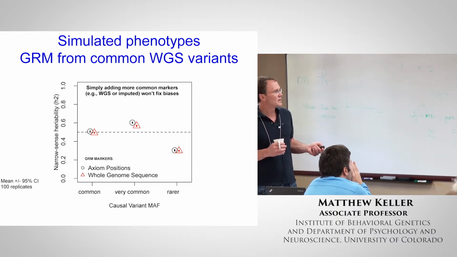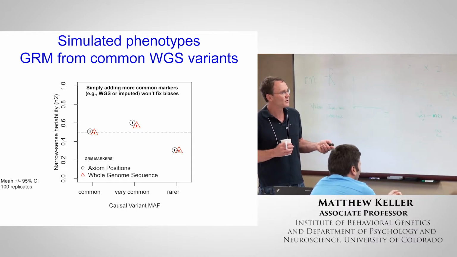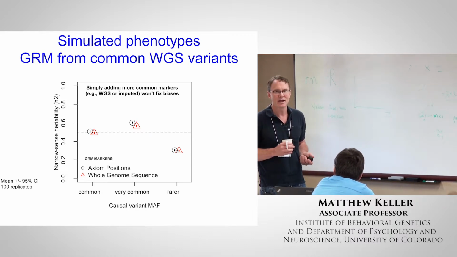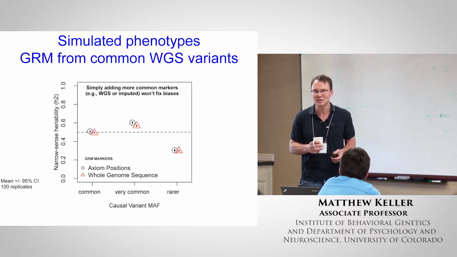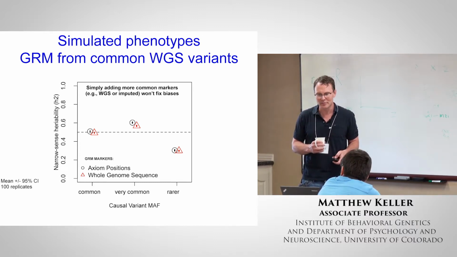The point here is that just adding more SNPs doesn't do anything to this bias. We've added a whole lot of SNPs into that GRM, but those SNPs are still all of that same basic MAF category, so it doesn't change this bias at all. So it's not an issue that we have fewer SNPs than we need. It's an issue that there's a discrepancy between the MAF of the causal variants and the MAF of the SNPs that we use to build the GRM.